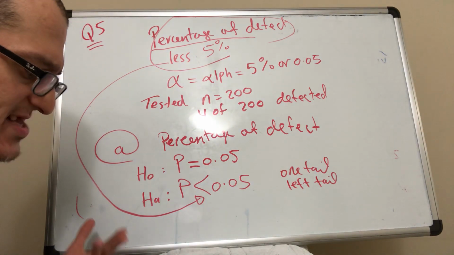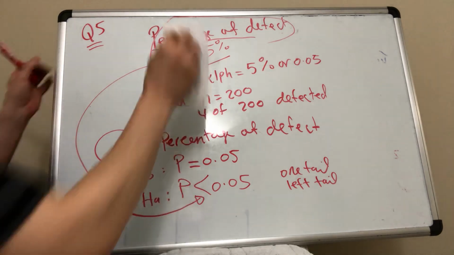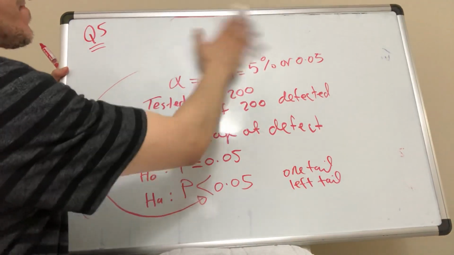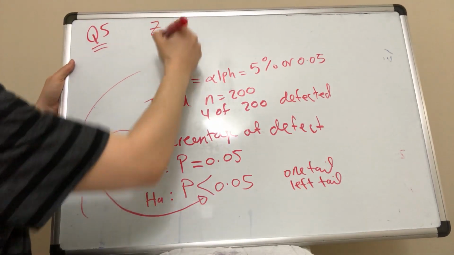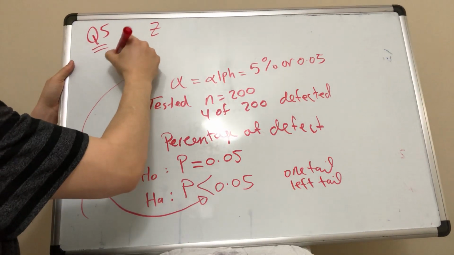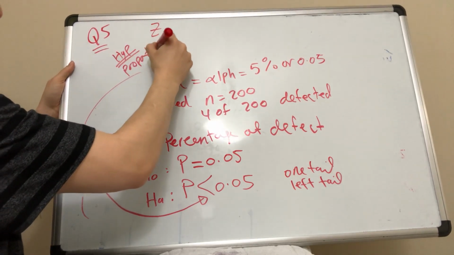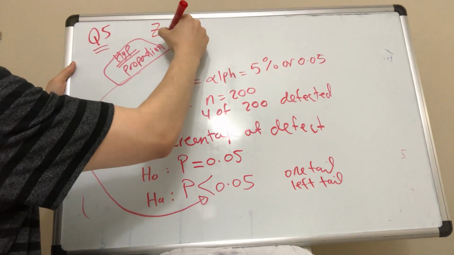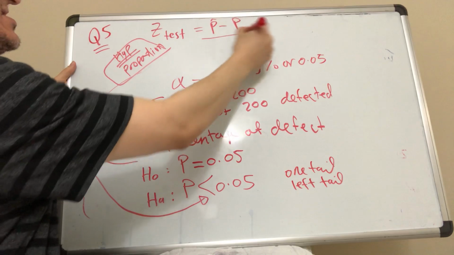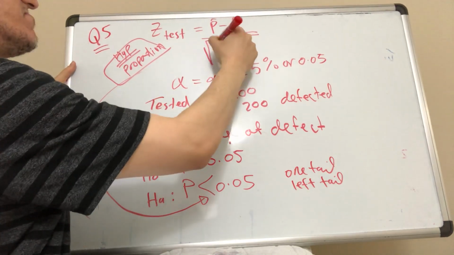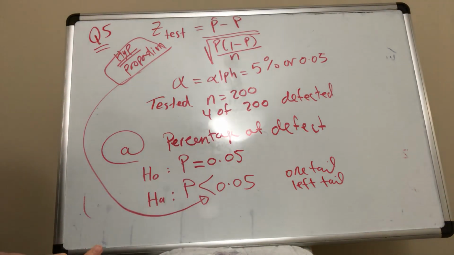They want you to find the test statistic. For this type of question, when it's hypothesis, so this is the key word, hypothesis, and you know that you have proportion, the test is p hat minus p, over the square root of p times 1 minus p over n.